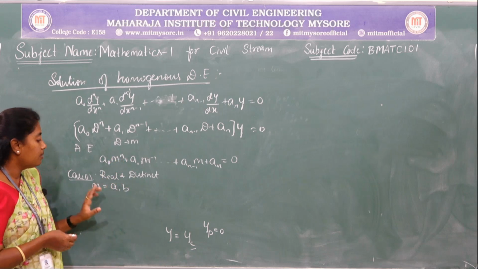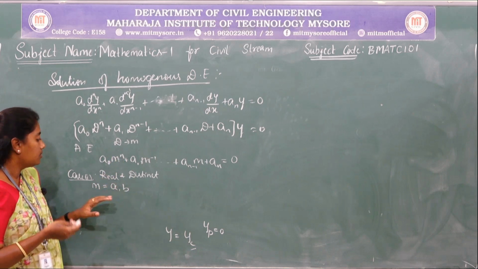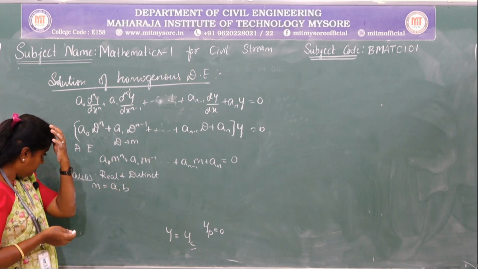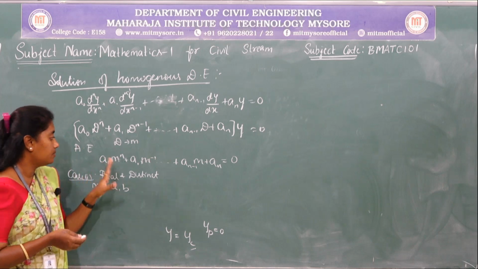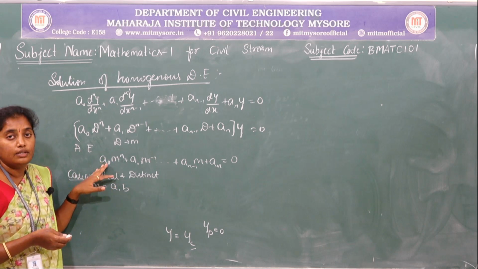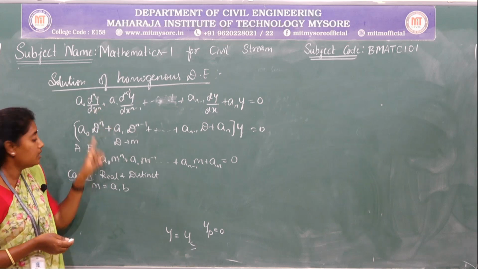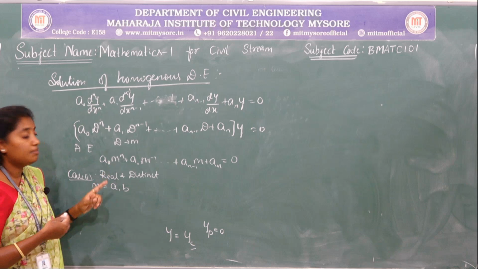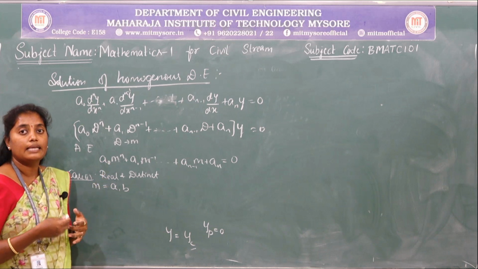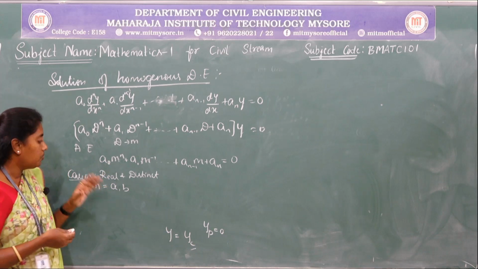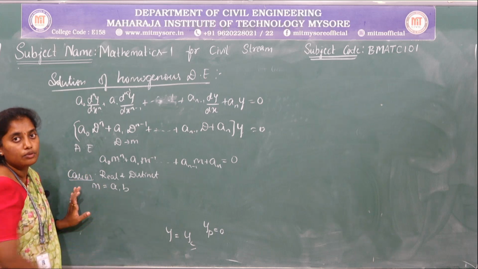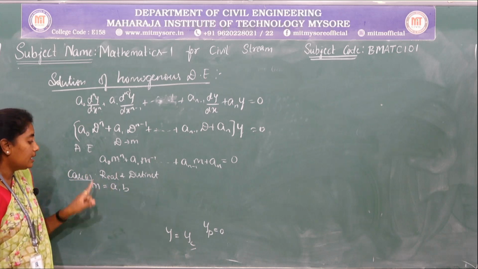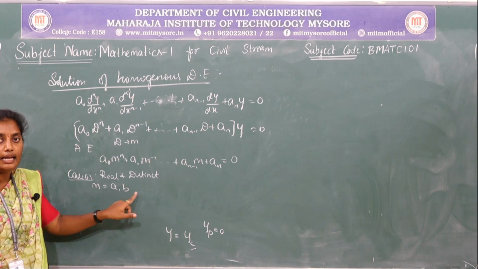While solving problems, it may be of degree 2, degree 3, maximum it is of degree 4. That is why I will explain by taking two roots. So, let us take real and distinct roots as a and b.